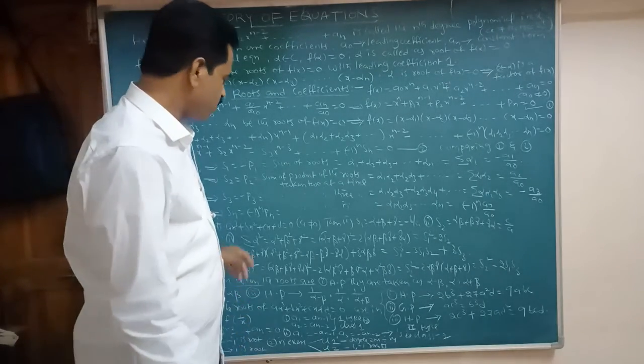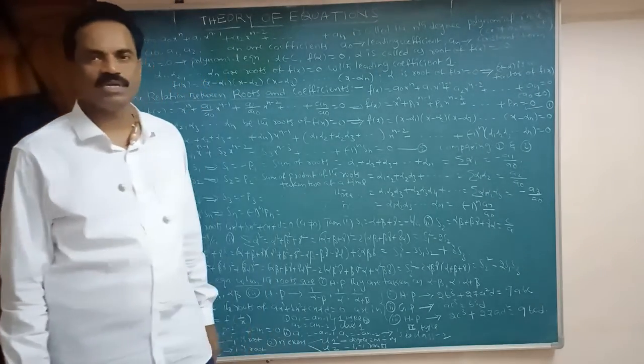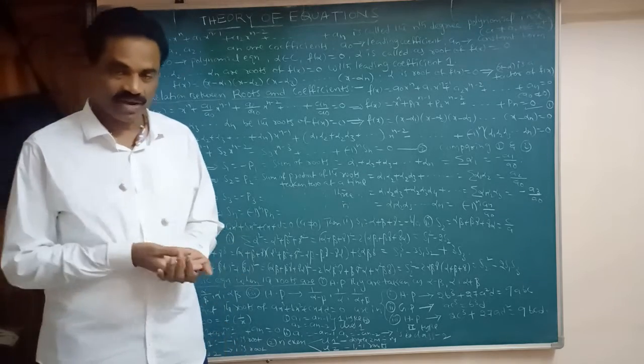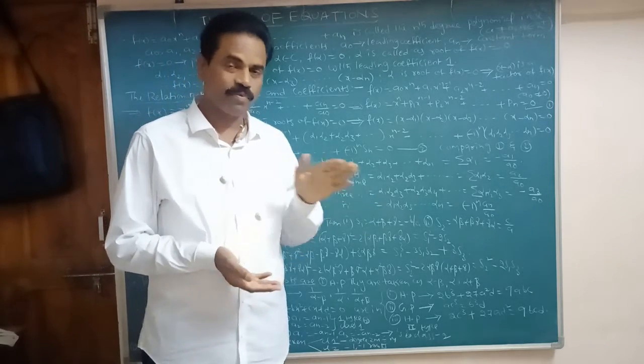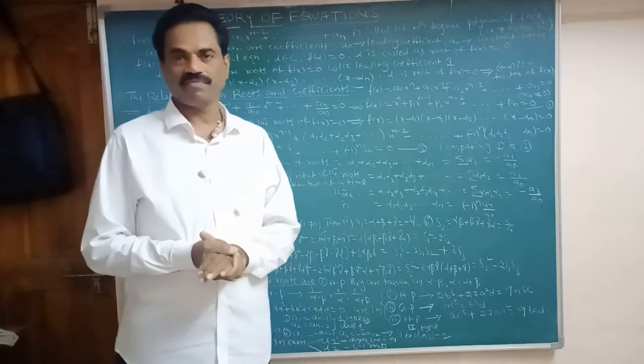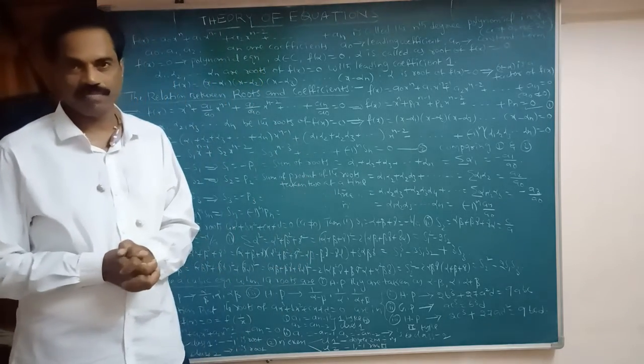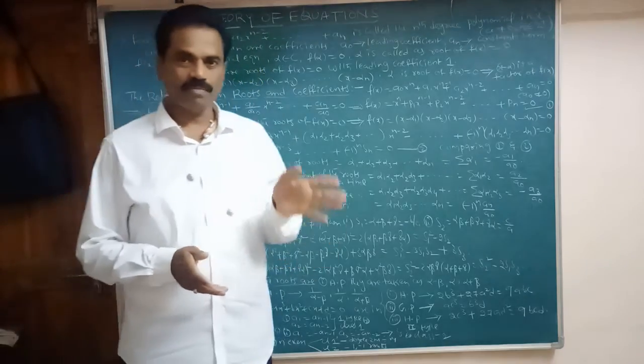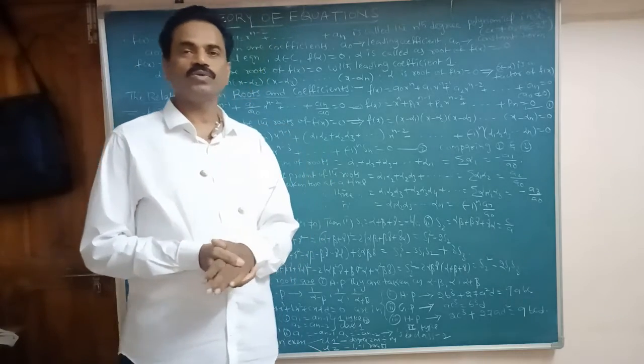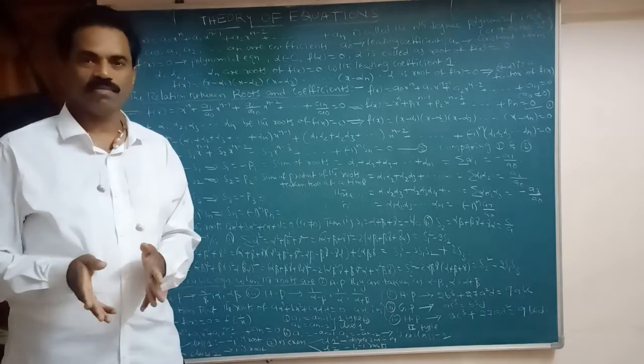Here summation alpha square we can write as alpha square plus beta square plus gamma square. This one, in terms of sum and product. You know the formula for alpha square plus beta square plus gamma square: alpha plus beta plus gamma whole square minus 2 into alpha beta plus beta gamma plus gamma alpha.